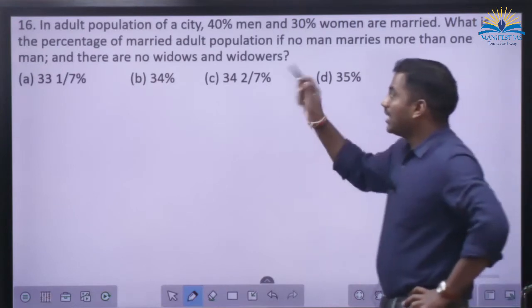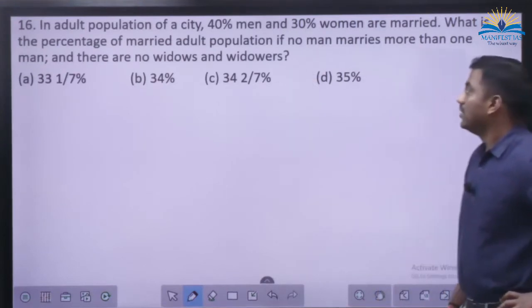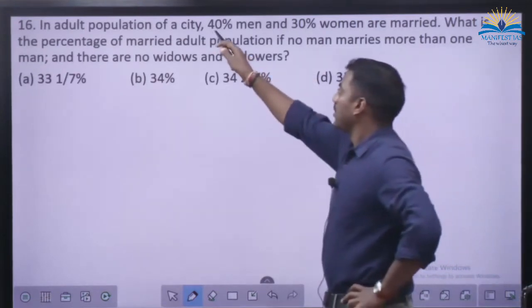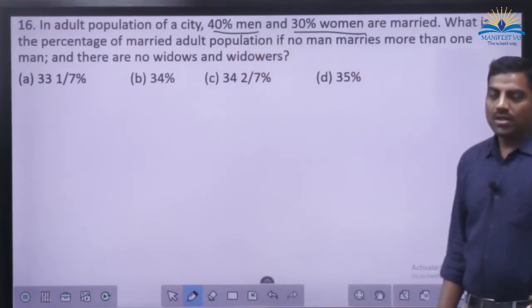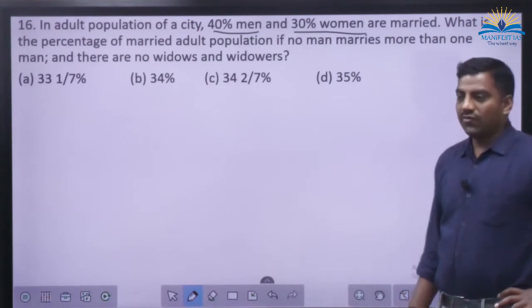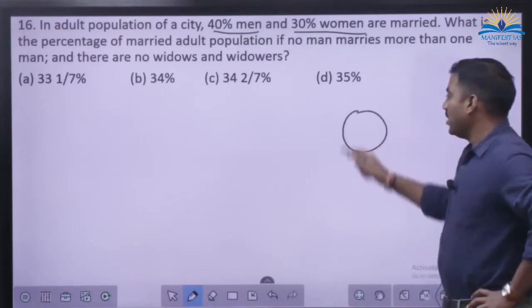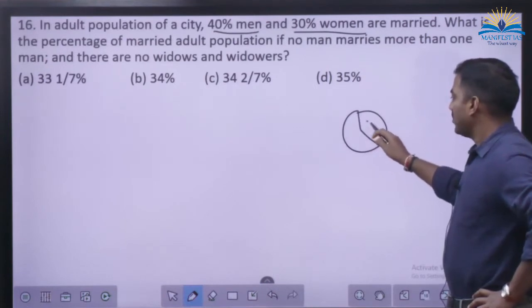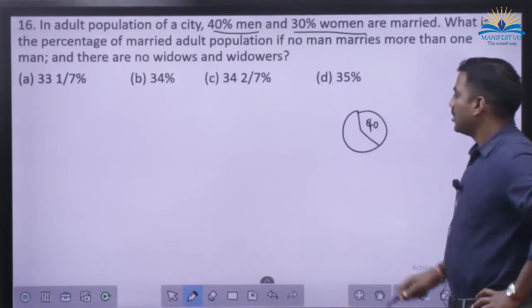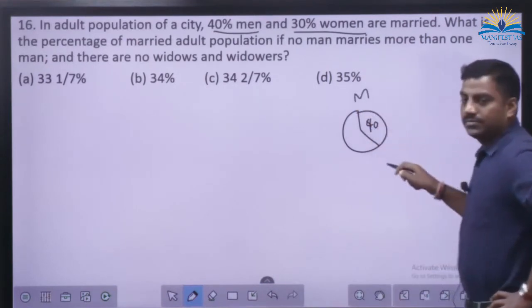In the adult population of a city, 40% of men and 30% of women are married. Out of men, 40% of them are married. This is the men population.